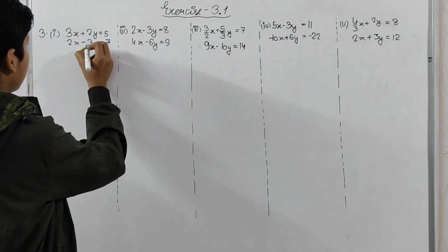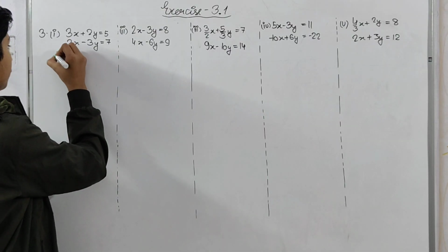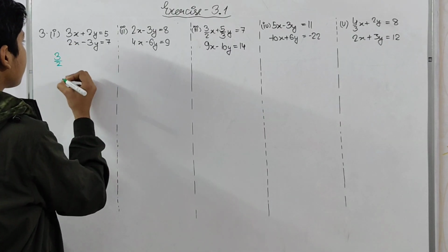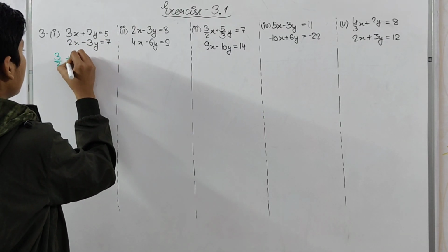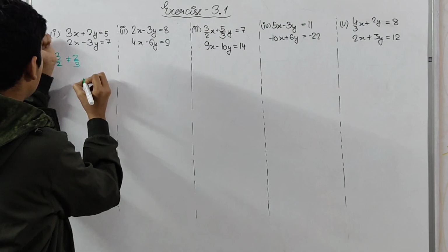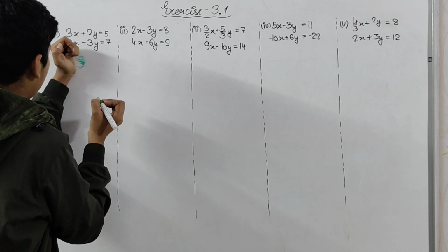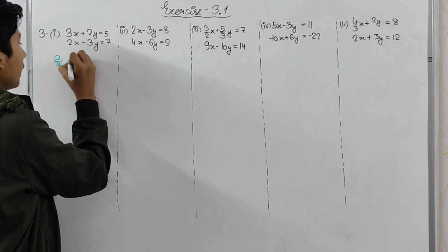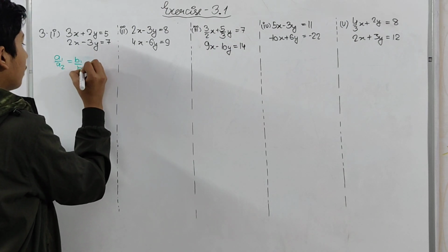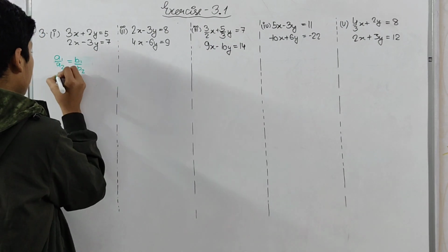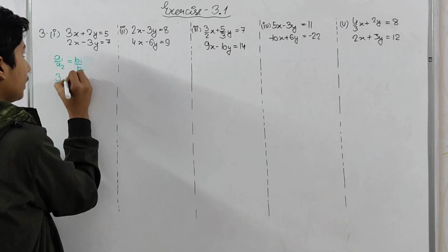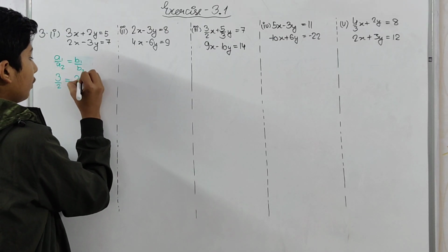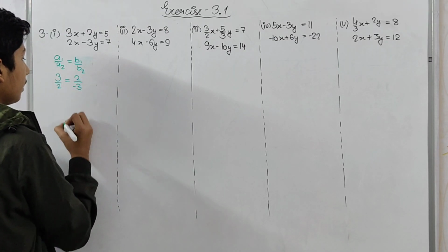So let's solve this. A1 by A2 means 3 by 2, not equal to 2 upon 3. Let's solve with the usual method first. A1 upon A2 equal to B1 upon B2. So 3 by 2 equal to 2 upon minus 3.